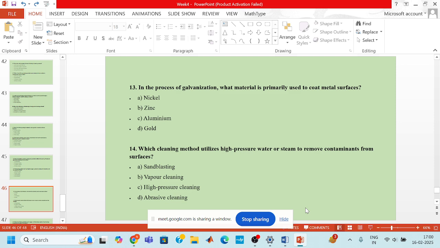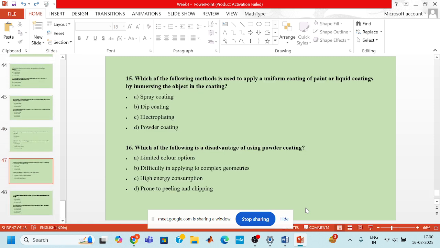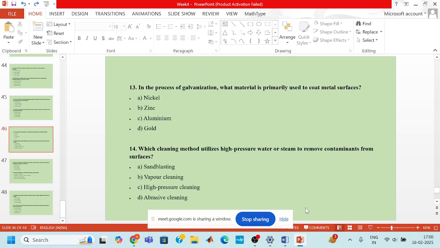High pressure cleaning is used, as the name suggests, to remove contaminants from the surface by applying high pressure water. I have discussed earlier that 2750 kilopascals are used for cleaning the contaminant deposits on the surface of insulators. So option C is correct.